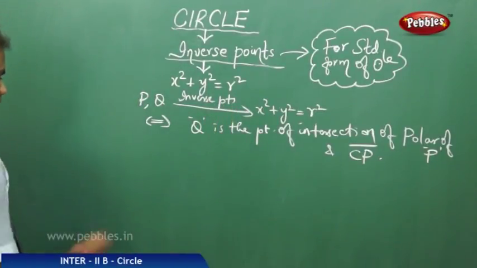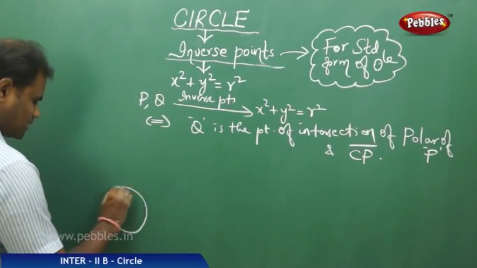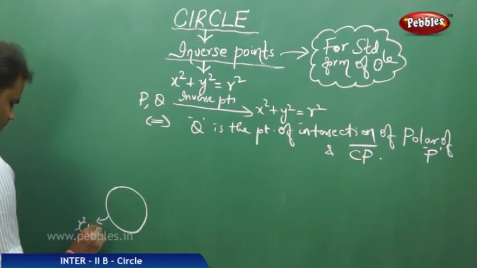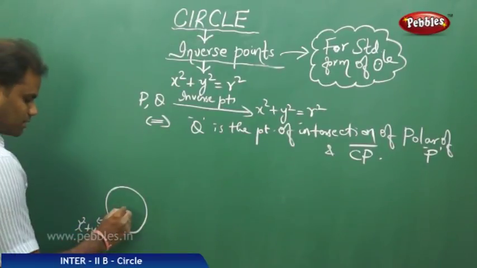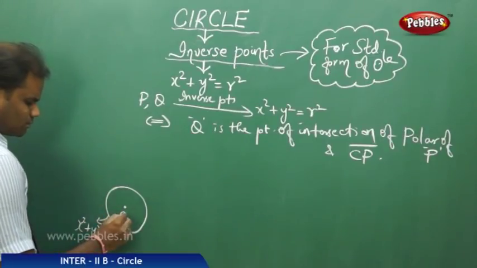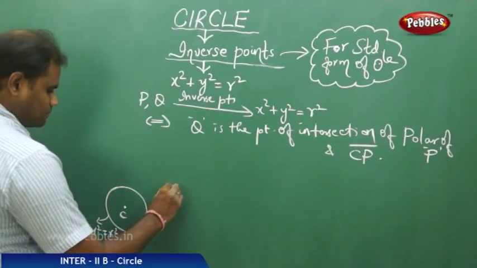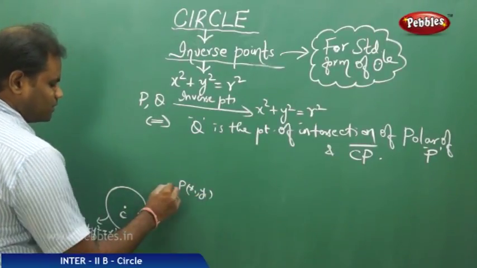So let's see with the diagram. Suppose I have a circle x squared plus y squared equals r squared. Now for this standard circle, the center being the origin, I take the center C and I take the point P somewhere here.